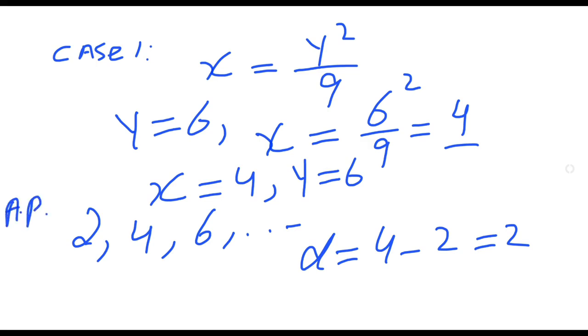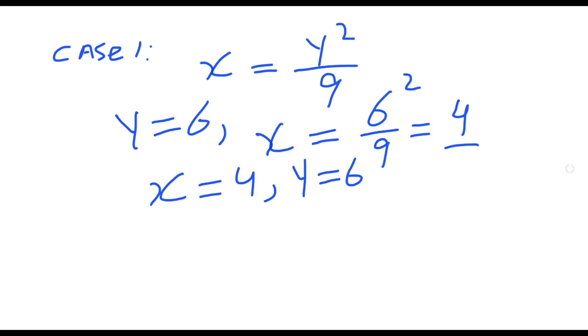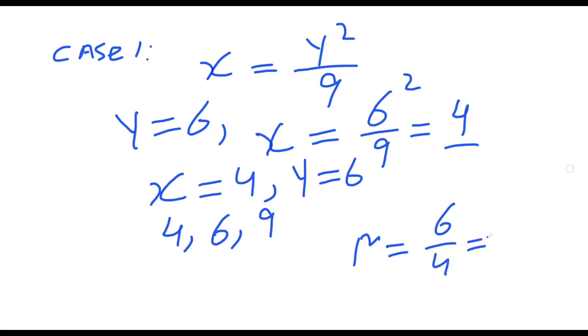Now we need to find the GP. So for the GP, the last 3 terms: x is 4, y is 6, and the last term is 9. So the common ratio will be 6 divided by 4.